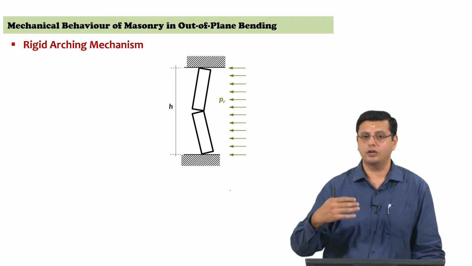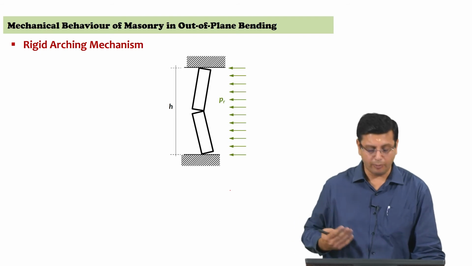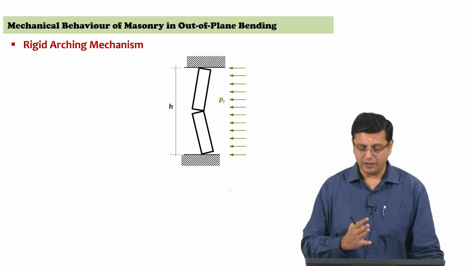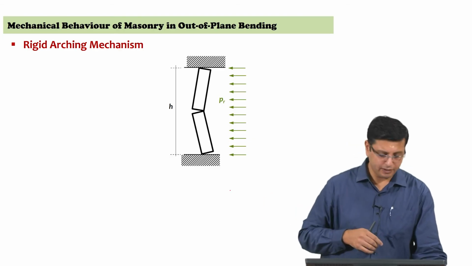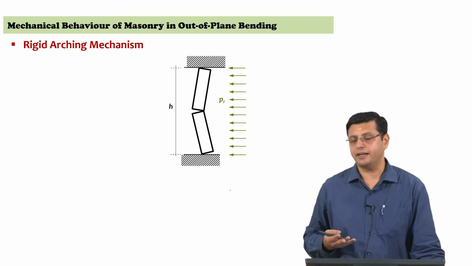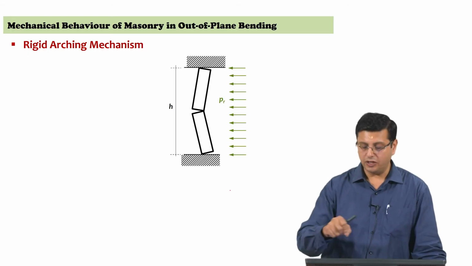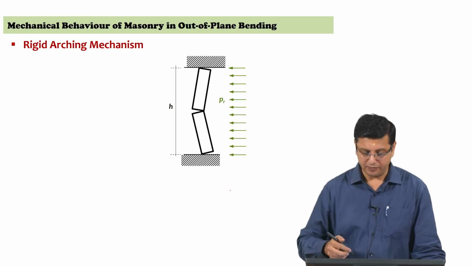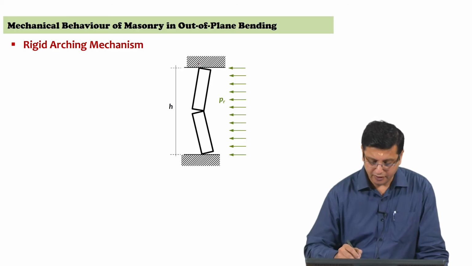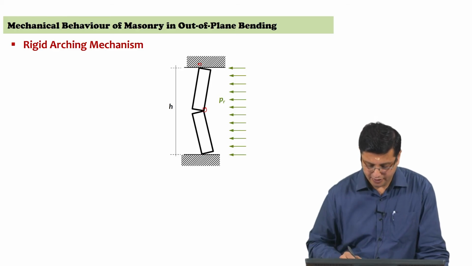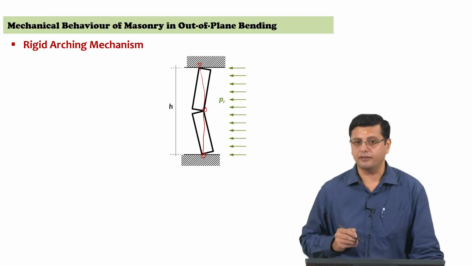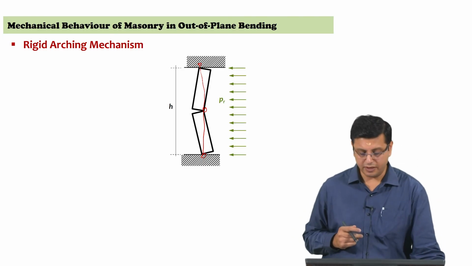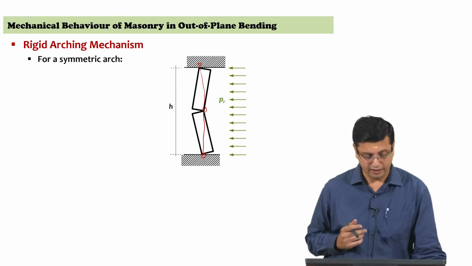So, it could be a reinforced concrete slab at the top and a reinforced concrete slab at the bottom, and the wall is subjected to an out of plane load. So, you have vertical bending in the wall, and a similar mechanism that generates, you will have the contact points developing, and because of the contact points developing here, here and here, you have the arch that forms and resistance with rigid arching mechanism available for you.